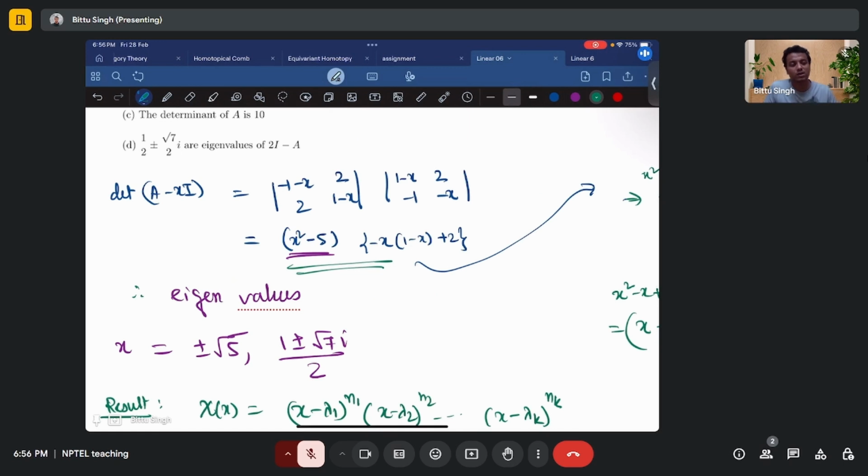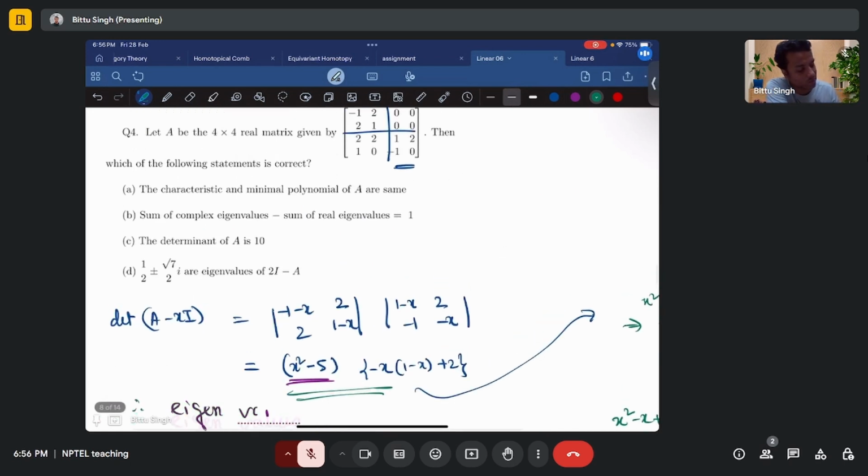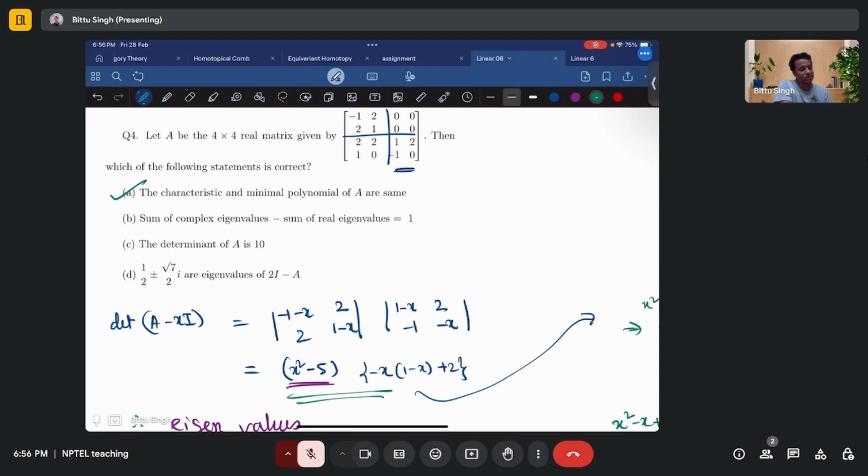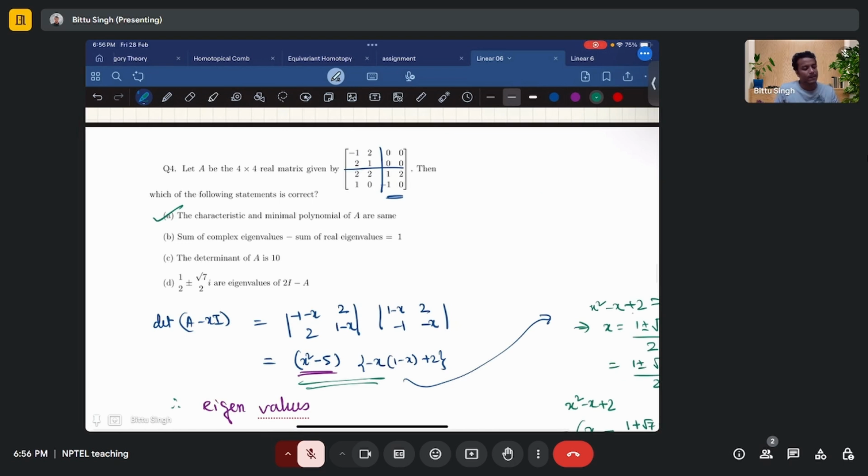But minimal means its degree should always be less than or equal to the degree of this, so that is the minimal possible. That's why the characteristic polynomial and minimal polynomial are the same in this case, because of distinct eigenvalues. All eigenvalues are distinct, all those 4 eigenvalues.